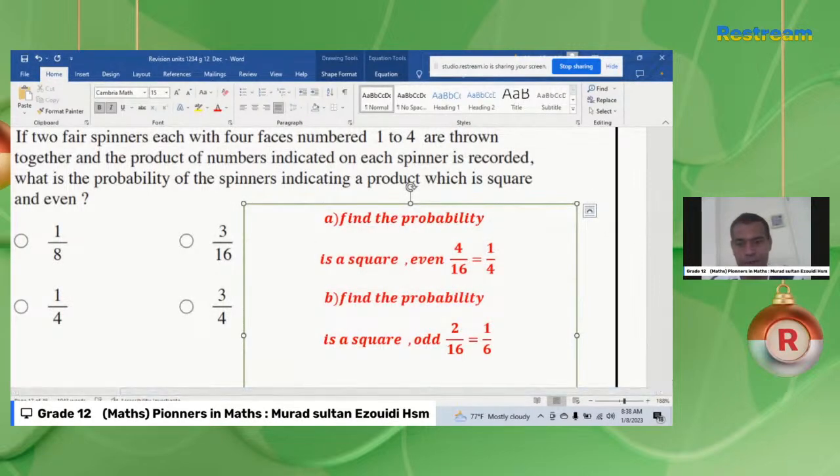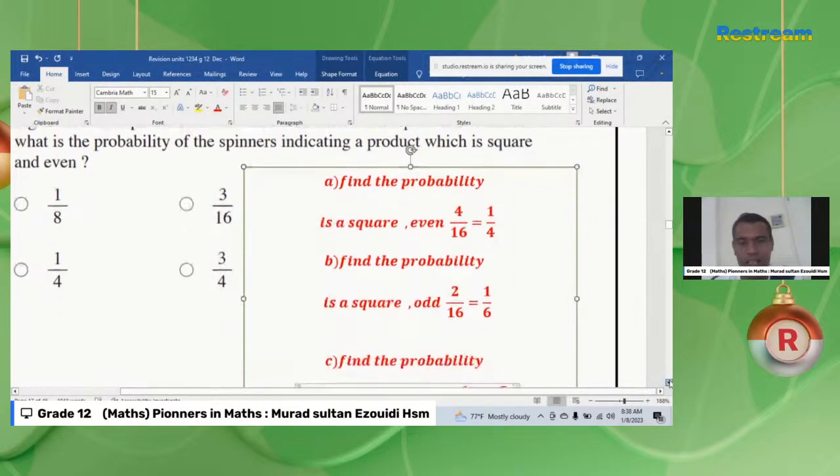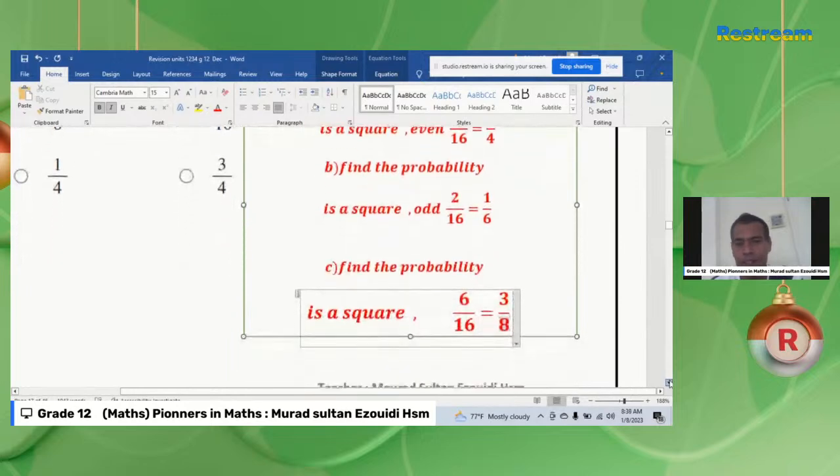What else? We move to the next one, the second question.